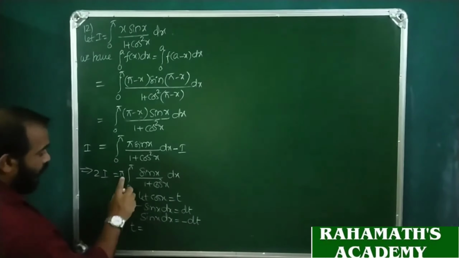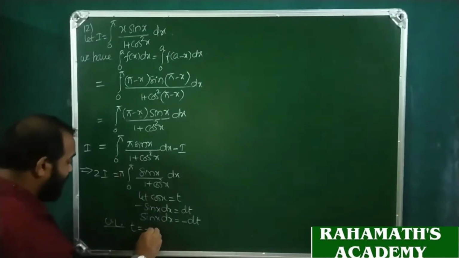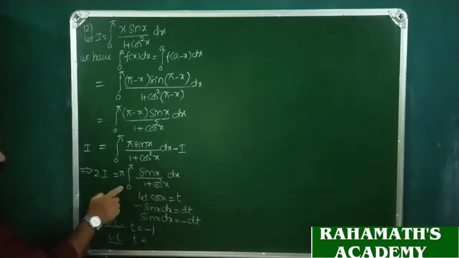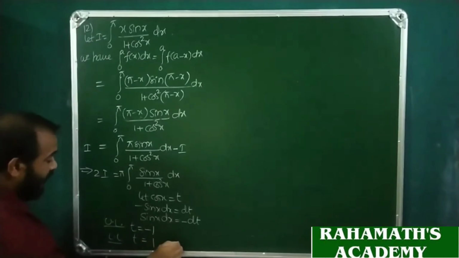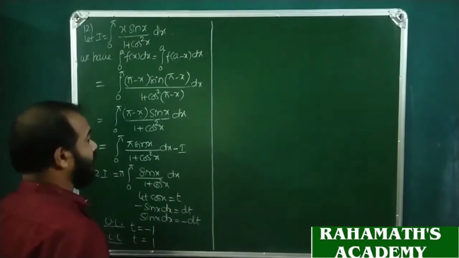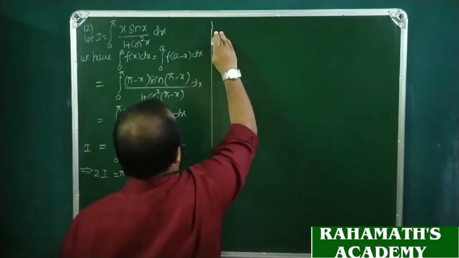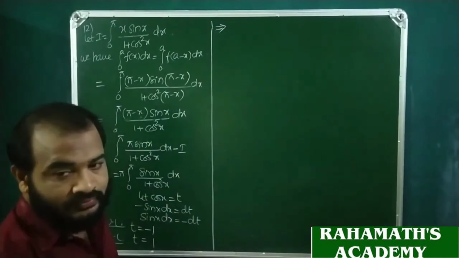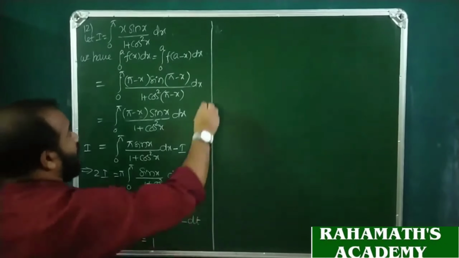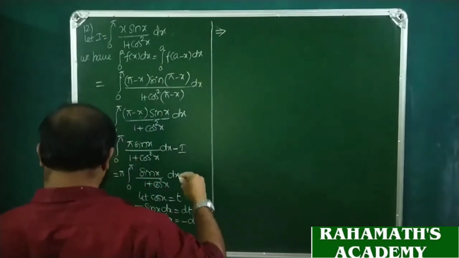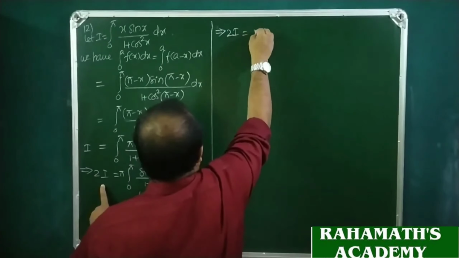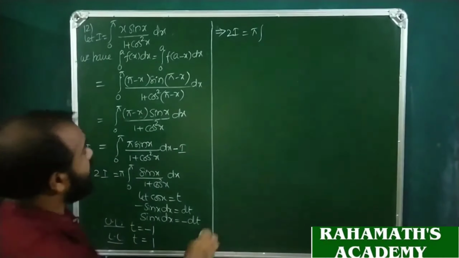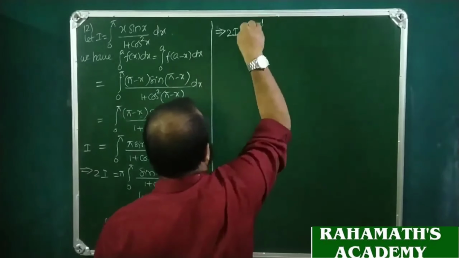So t is equals to cos pi, cos 180, which is minus 1, and for the lower limit, t is equals to cos 0, which is 1. So 2I is equals to pi into integral from 1 to minus 1.